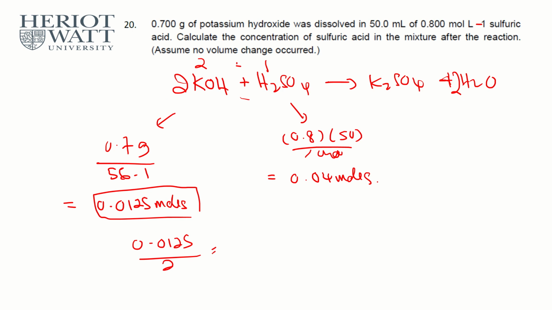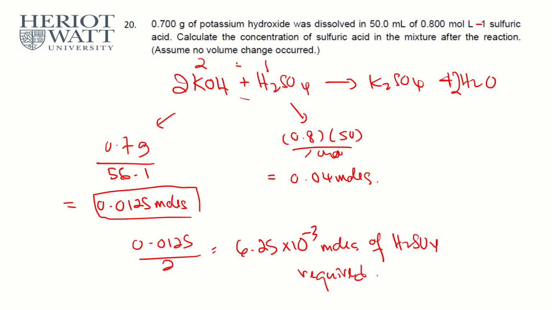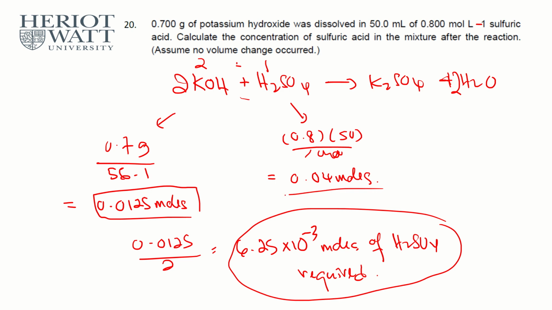0.0125 divided by 2, you get 6.25 times 10 to the power of -3. This is the moles of H2SO4 required to react. This is the amount that we need, and this is the amount that we have. Obviously, it is in excess, so it is proven that sulfuric acid is in excess.